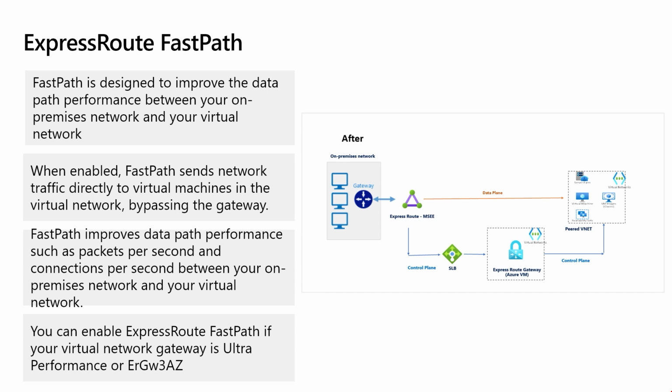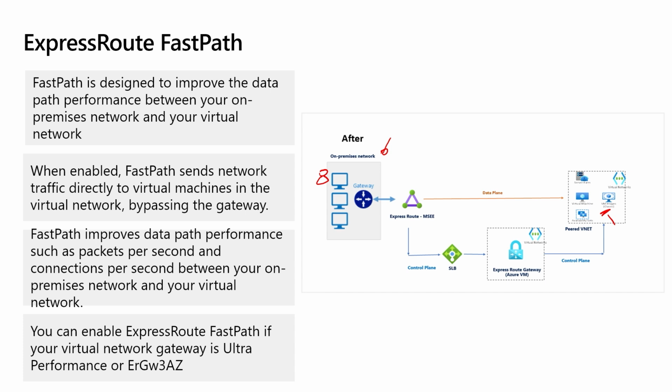ExpressRoute FastPath is designed for one particular scenario, but it's a scenario with a lot of versatility. On the left-hand side, I have my on-premises network. Now, let's say I'm an administrator over here, physically connected to the network on a workstation, and I want to remotely connect into my workstation that is located in the cloud.